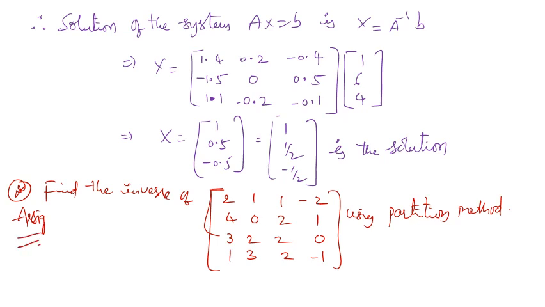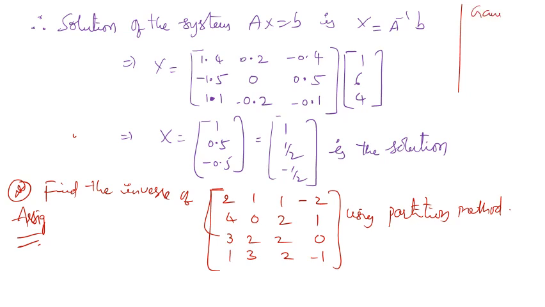So how many direct methods are here? Finally, direct methods are, first one is what? Partition method, Cholesky method, right? Gauss LU decomposition method, triangularization method, Gauss Jordan method, and Gauss elimination method. These are the methods.